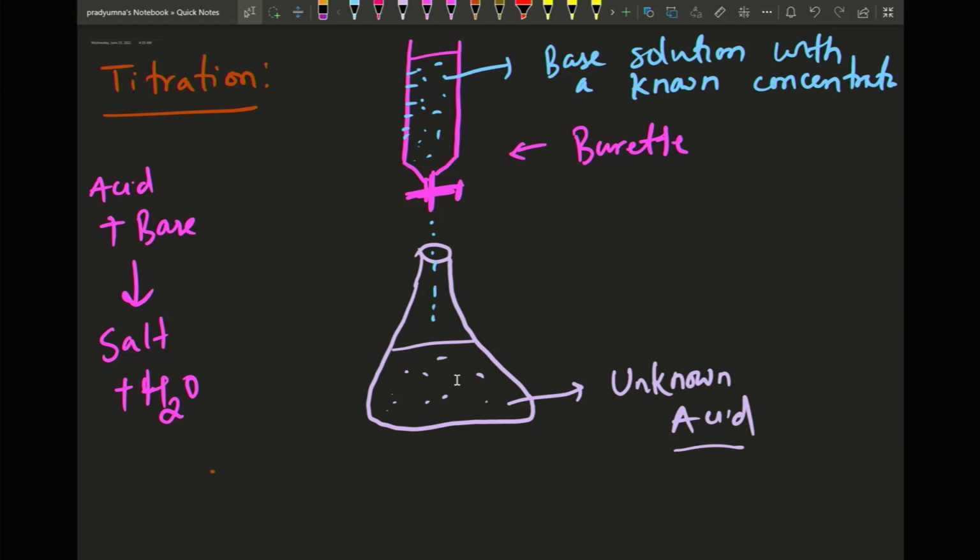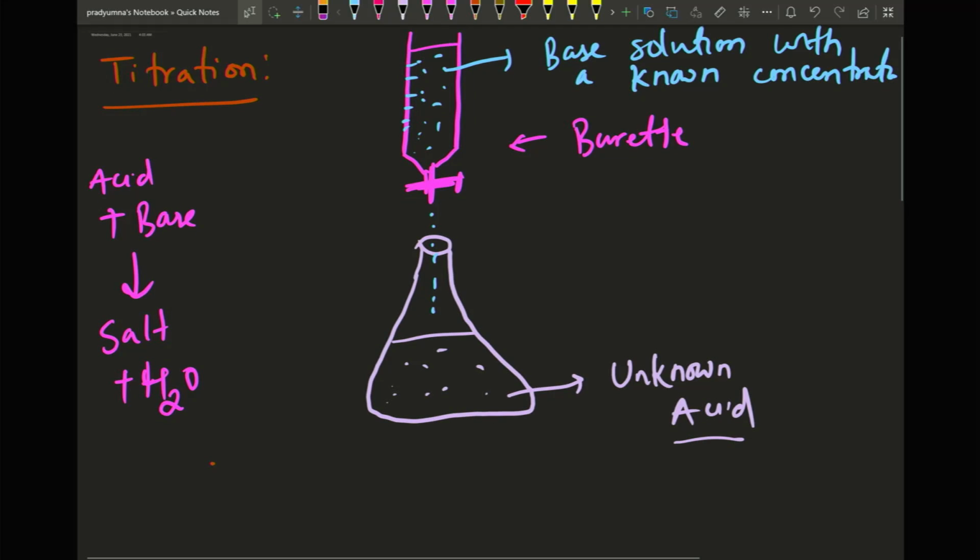At that point, you want to find out exactly how much volume of base you used. That can be measured easily by just looking at this number. So you know the base concentration, you know the volume, and you know the volume of this acid. Now all you have to do is some basic math to find the concentration of the acid. That's the problem we're going to be doing.